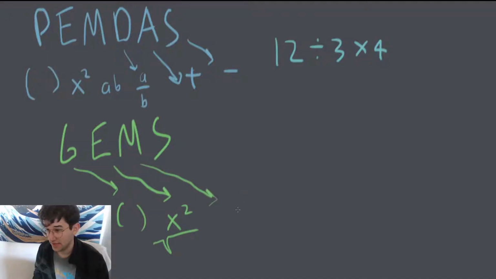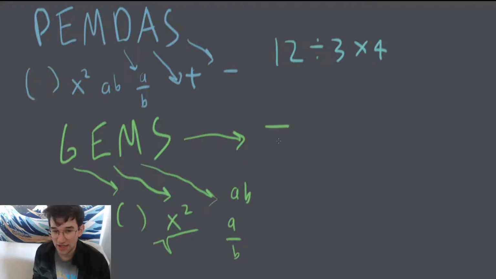M is just an M. Where's the division? Well, it turns out M actually includes multiplying and dividing. So M is multiplying and dividing, which keeps consistency: A times B and A divided by B, those two things. And S is for subtraction and addition. So that's how GEMS is different than PEMDAS.